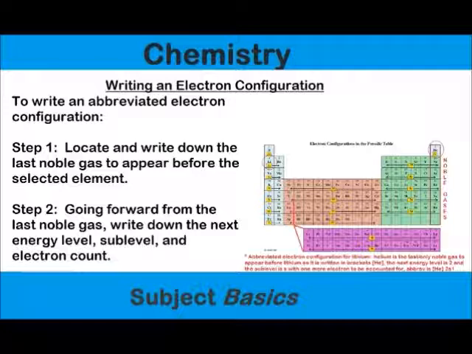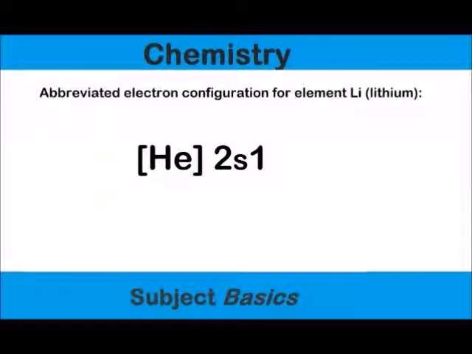The first 2 electrons were accounted for in the first row, which is covered by displaying He in brackets, which means the only thing we need to write down after He is 2s, representing energy level 2, sublevel s, and the number 1 to account for the additional electron needed. He in square brackets along with 2s1 account for lithium's 3 electrons.